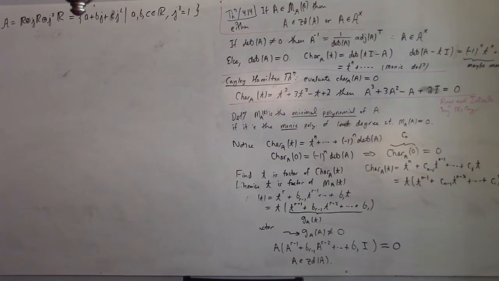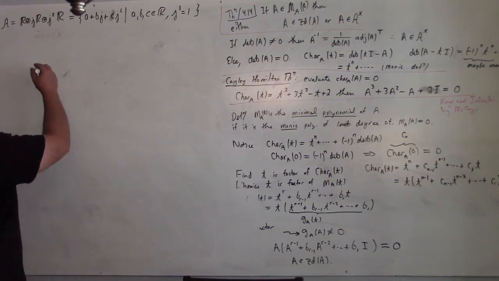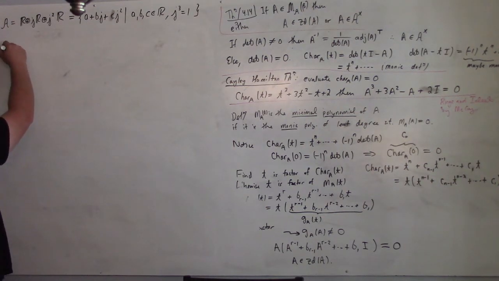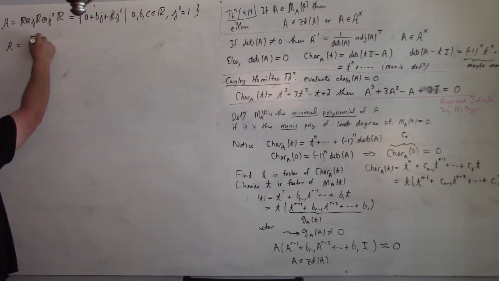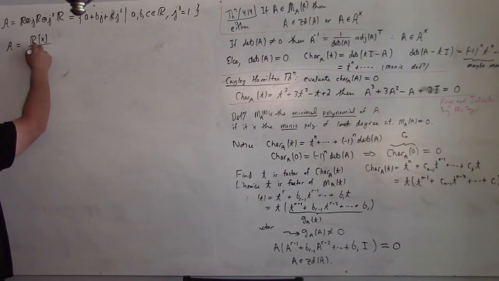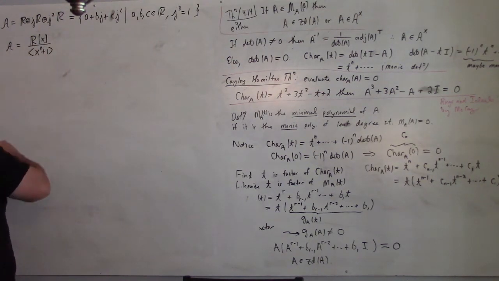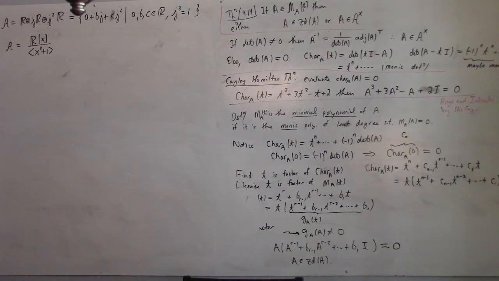One very efficient way to build algebras is, like here, I'll show you one. Let A be real polynomials in x modulo the ideal generated by x squared plus 1. This is from some abstract algebra, so this is a quotient ring.